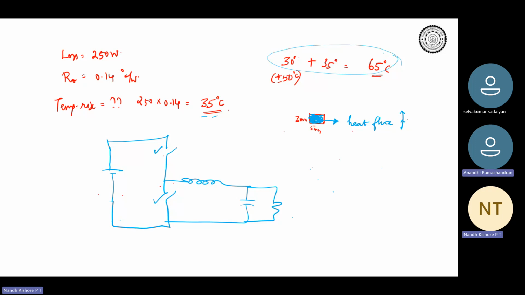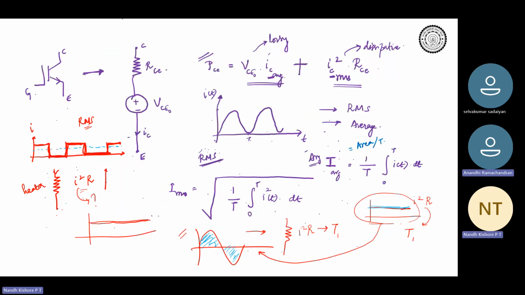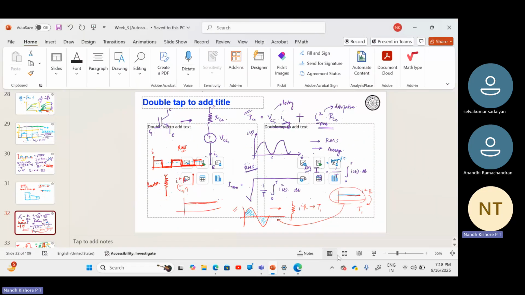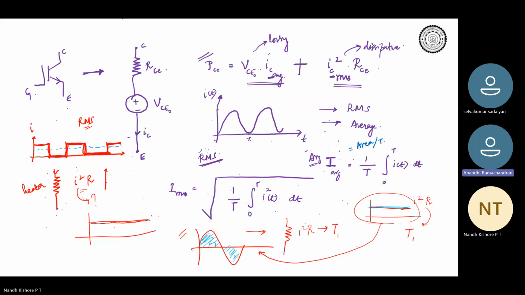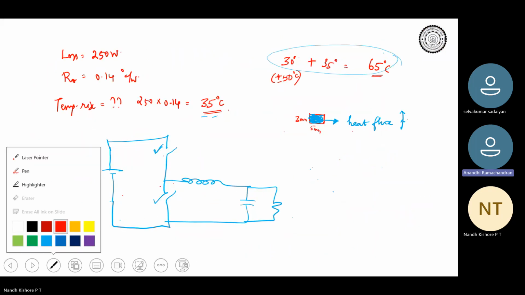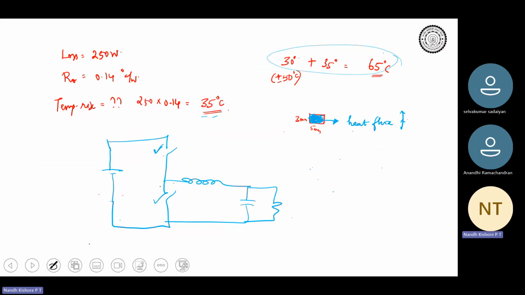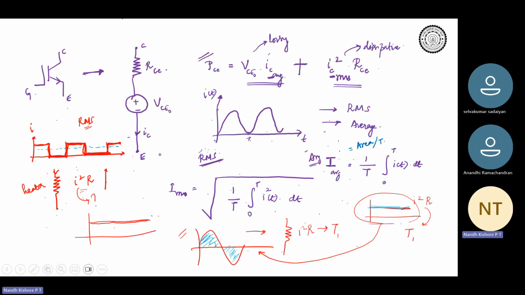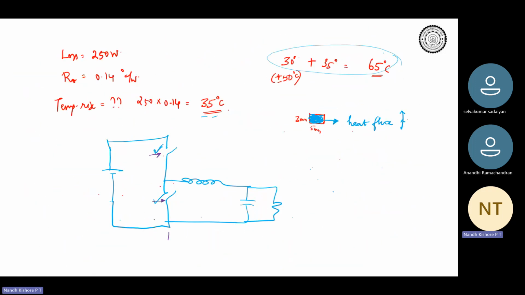So can you directly attach the heat sink onto the devices, or should there be some medium? If you directly connect, you are shorting both the devices. So you cannot directly connect the heat sink with the two devices, because it's essentially shorting them.